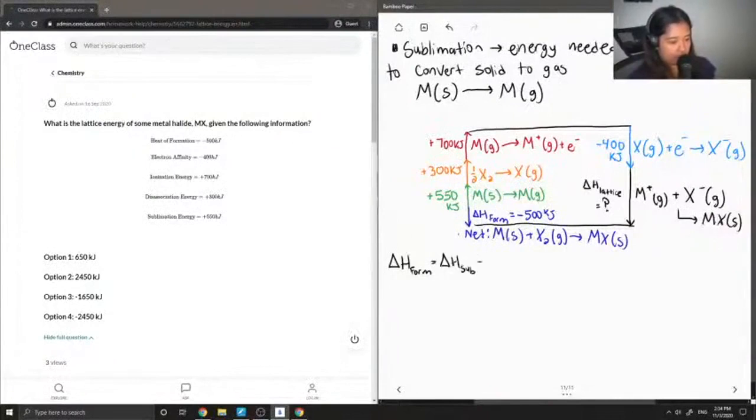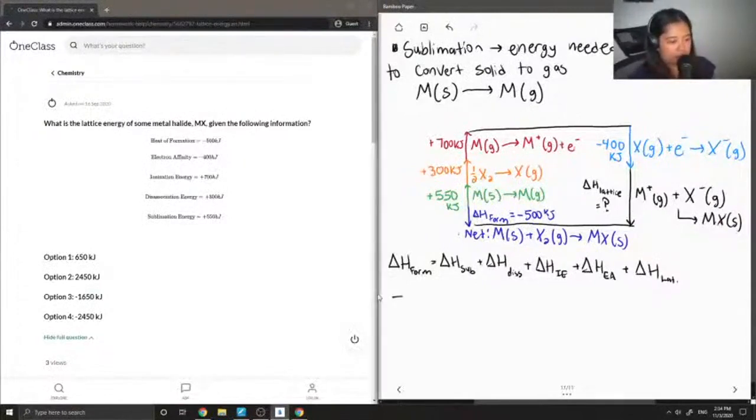So again, delta H of formation is equal to delta H sublimation, dissociation, ionization energy, which can occur in more than one step, same with electron affinity, it can occur in multiple steps, and finally, lattice energy.